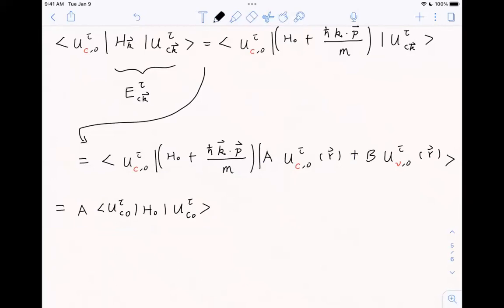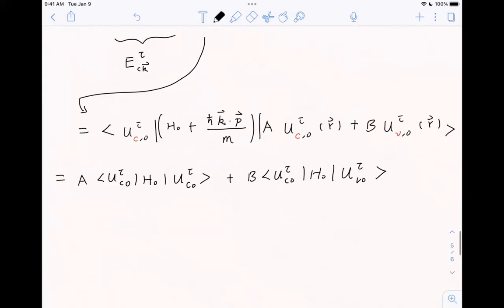And then you have a B term, H0, U tau V0. Okay, second term. And then you have A, h bar k dot P, U tau Z0.